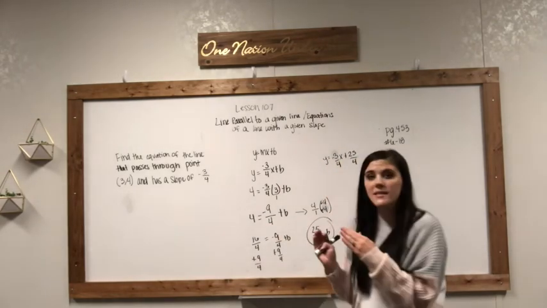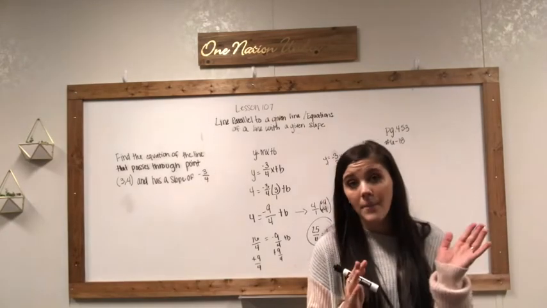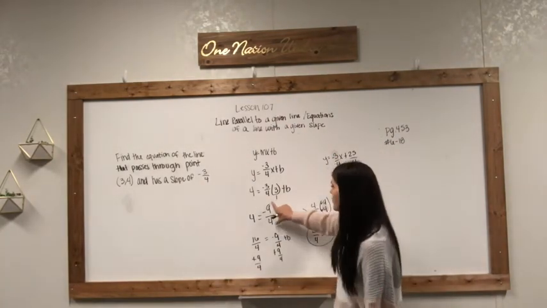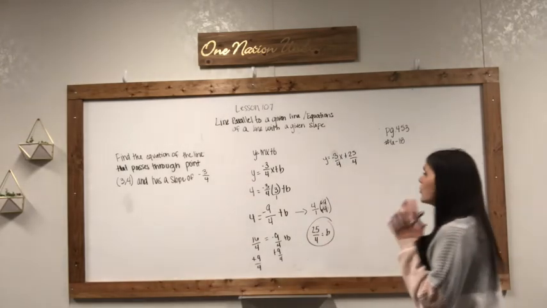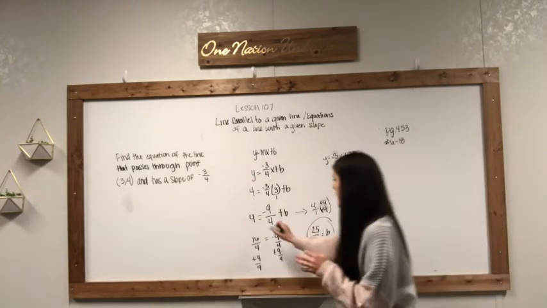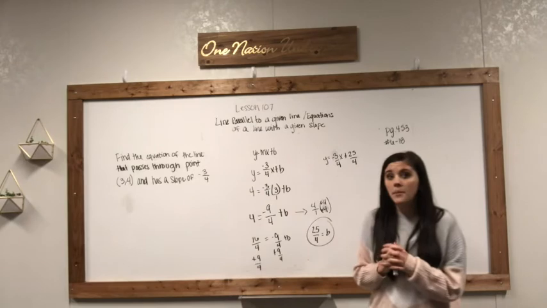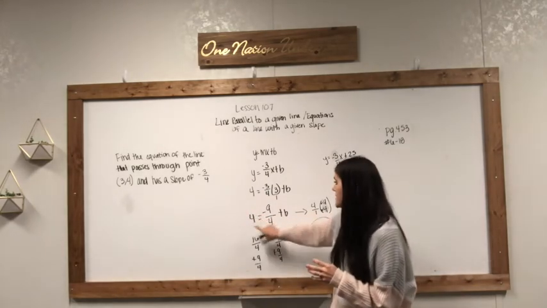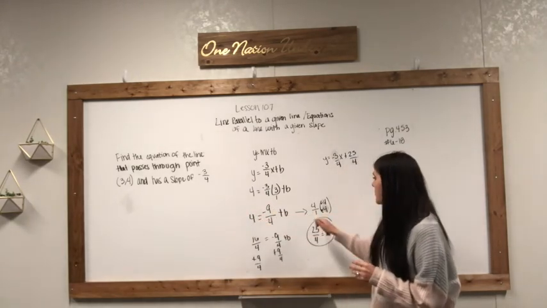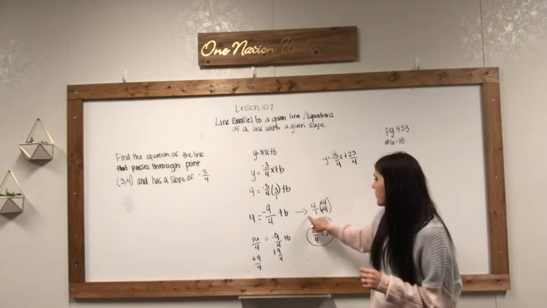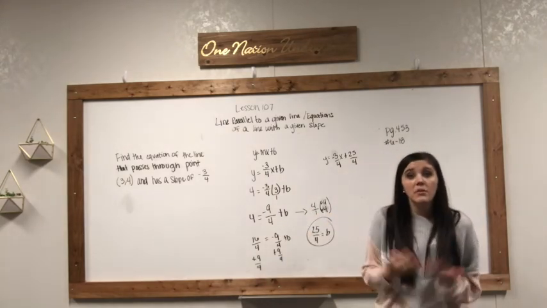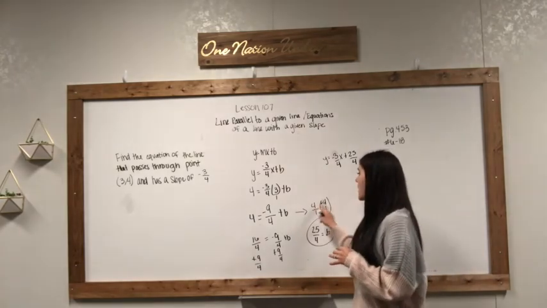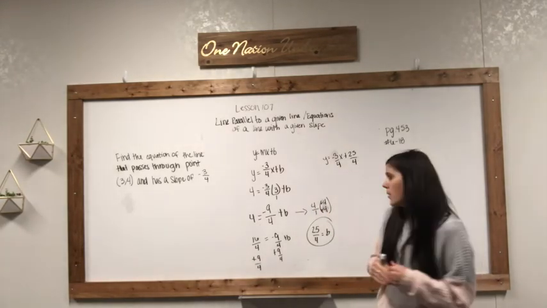Plus b. So now I still have to isolate that b, which means I need to move this to the other side of the equation. In order to do that, I'm going to have to find a common denominator. So I put the 4 over 1 out to the side over here, and my common denominator would be 4. So I multiply the top by 4 and the bottom by 4.